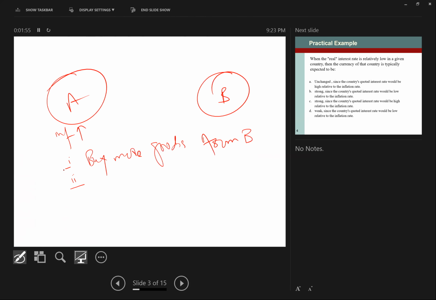As the people from country A purchase more goods from country B, country A will need more of country B's currency. This will increase the demand for country B's currency.